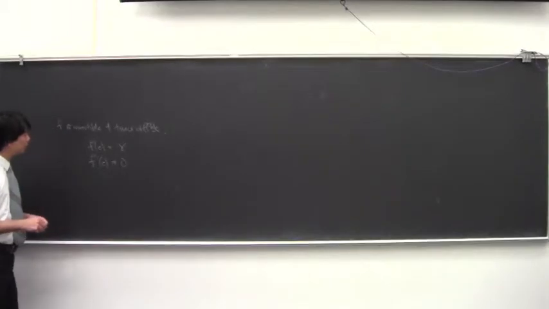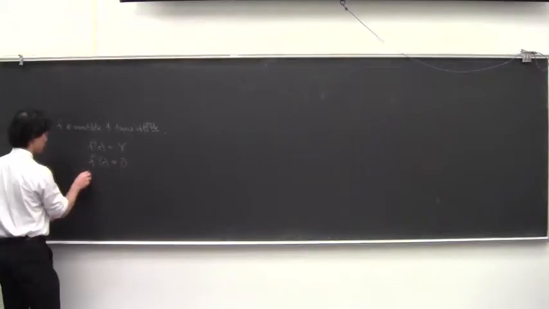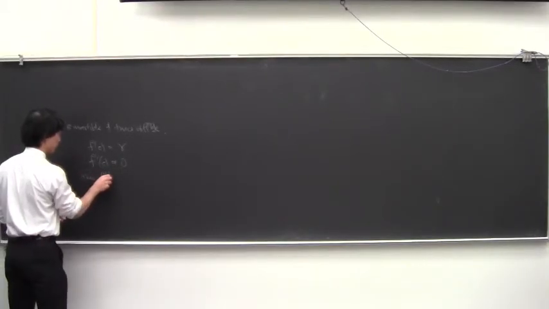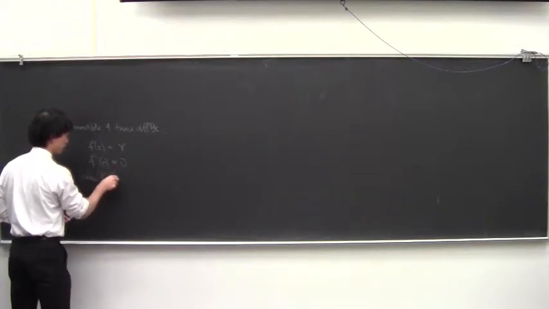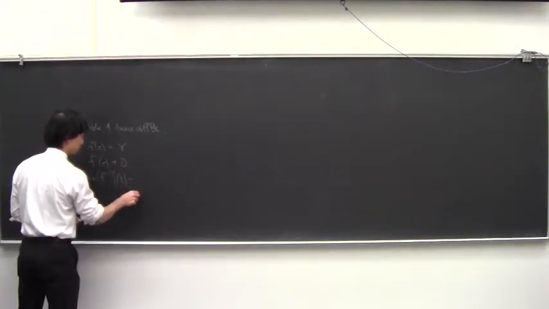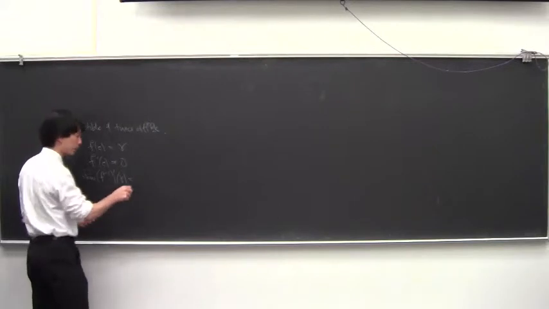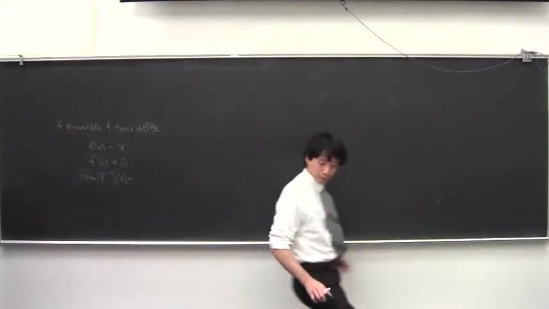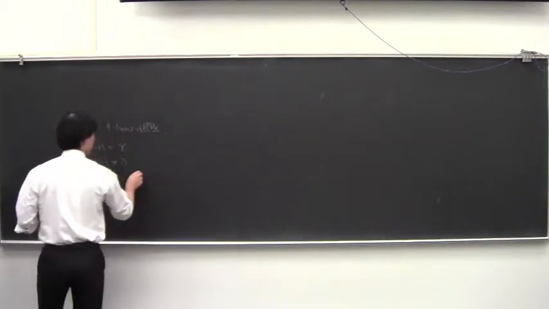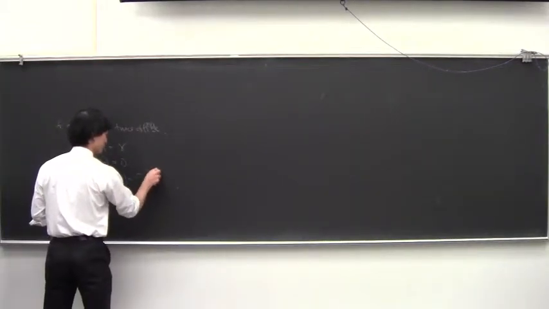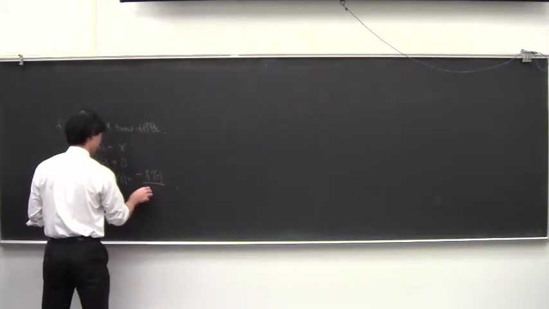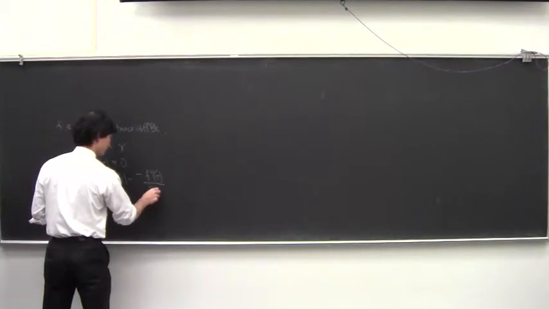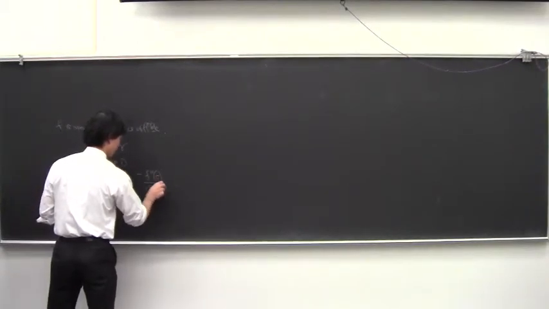Show that f inverse double prime of gamma equals negative f double prime c over f prime c quantity cubed.